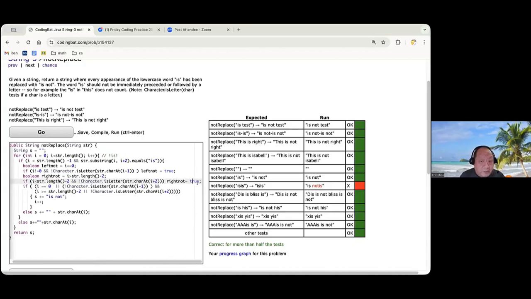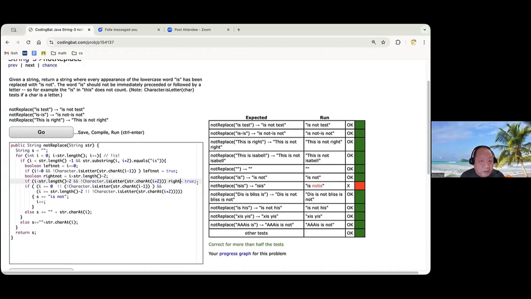Okay, so I'm going to remove the not. There's a not or not, it doesn't matter. Just for the logic, you know left means left side not a letter. Right means right side not a letter.